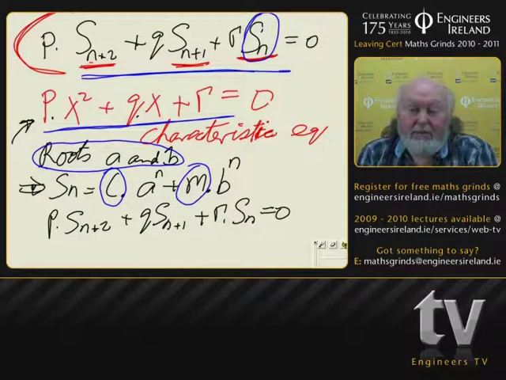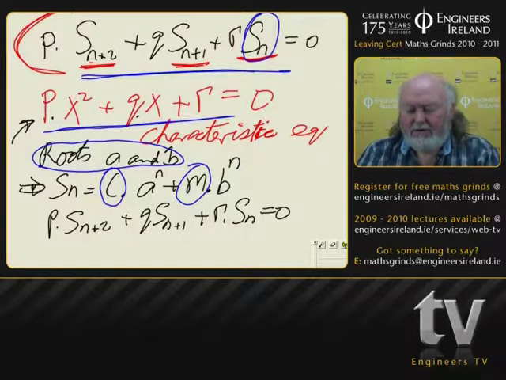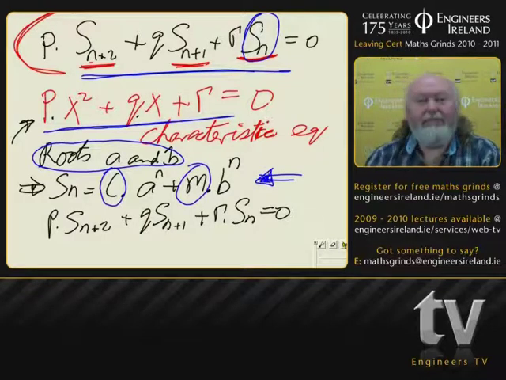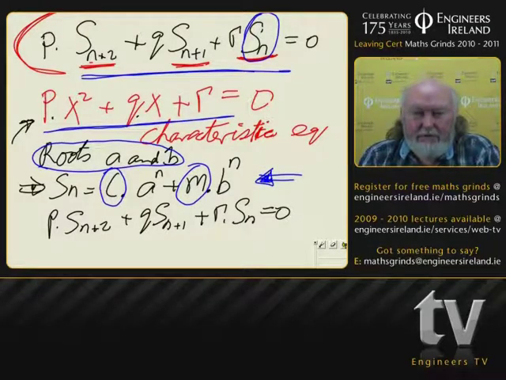And that's why the previous example that we were looking at had 2 to the n and 3 to the n, just so as to get you into the system of thinking in terms of this type of equation here. The proof to this is actually very straightforward.